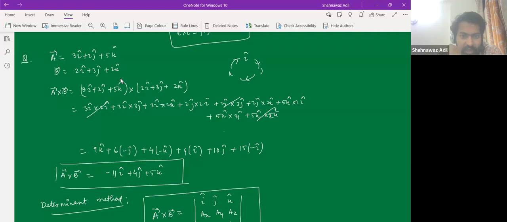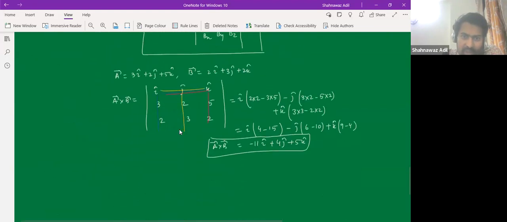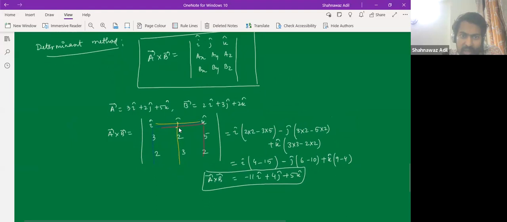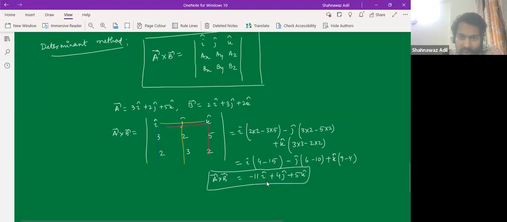Yes, noted also. Yes, sir. So we saw that this is much of a hassle, right? Using the determinant method, we quickly got the same result, with less hassle.